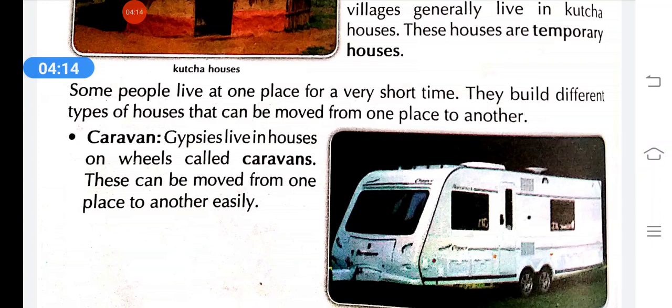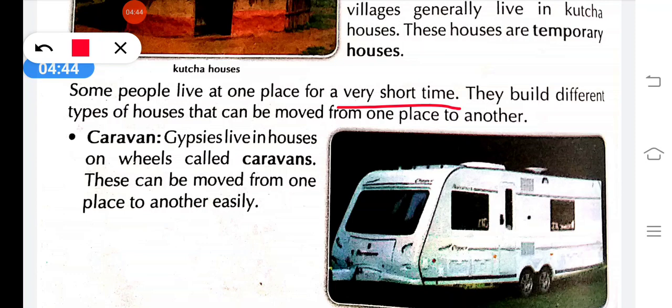Some people live at one place for a very short time. They build different types of houses that can be moved from one place to another. Okay, for many reasons, maybe their professional reasons, they stay in a place for a very short period. They have to move their houses from one place to another place. So that's why they build different types of houses.